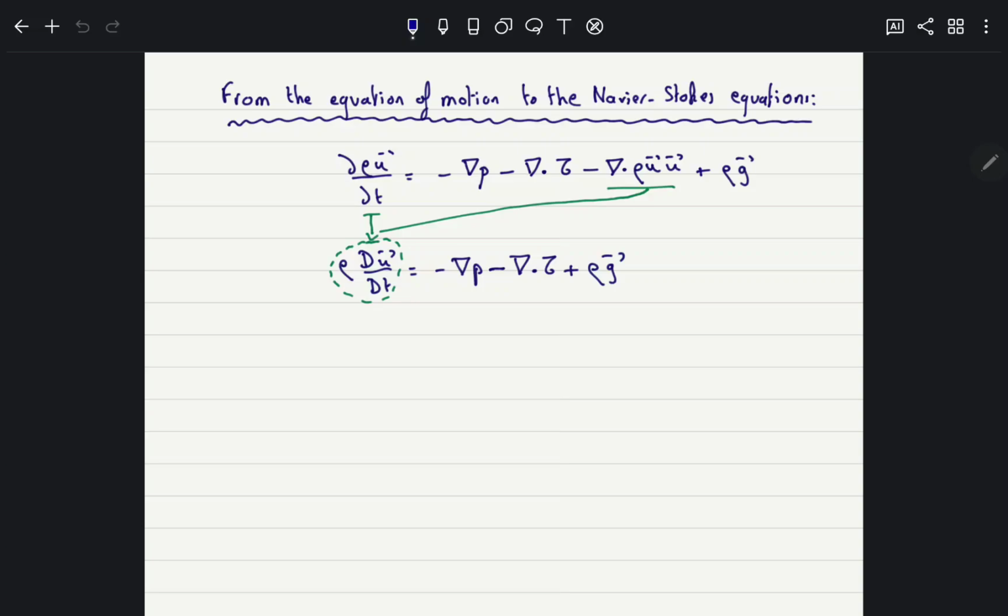Okay, so remember we discussed that in different classes, but we obtain for tau, the viscous stress tensor, we wrote it as tau equals negative mu, the viscosity, times nabla applied to the velocity vector, plus the transpose of that matrix.